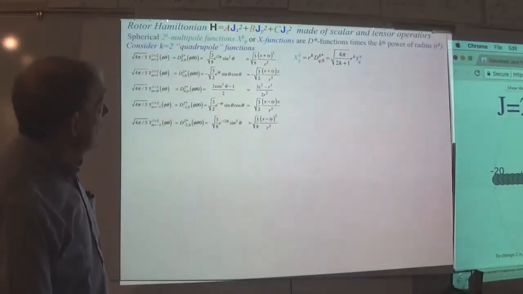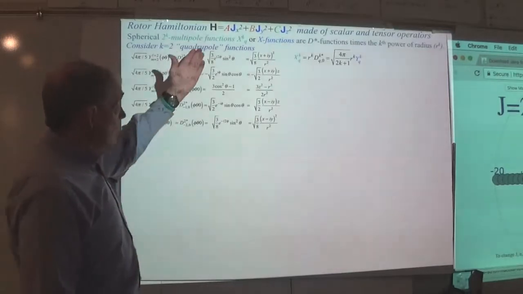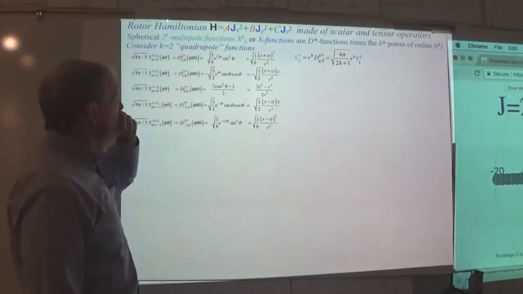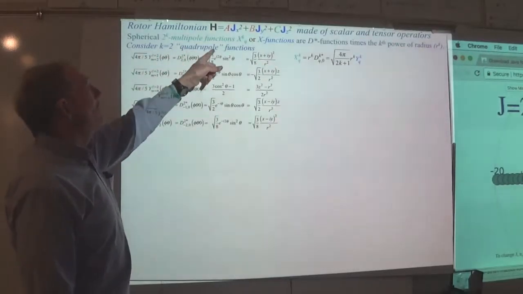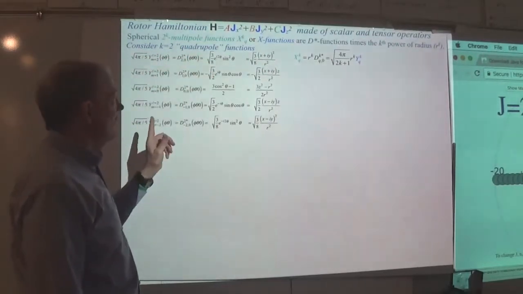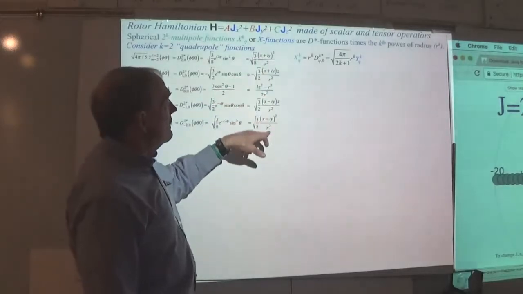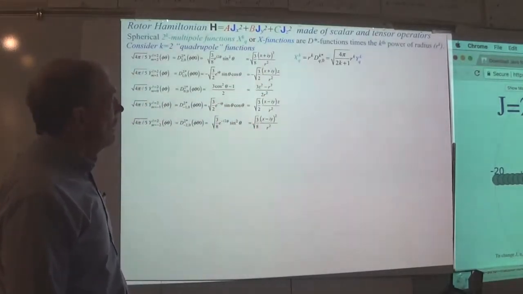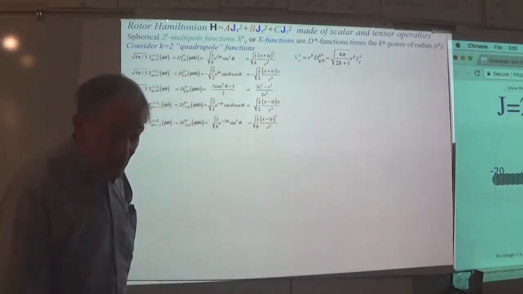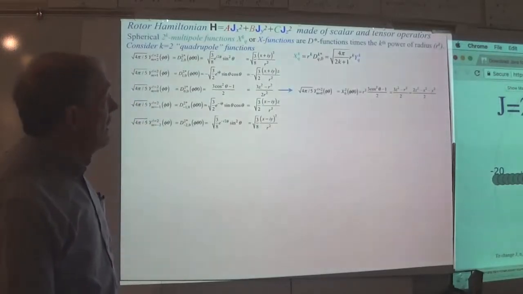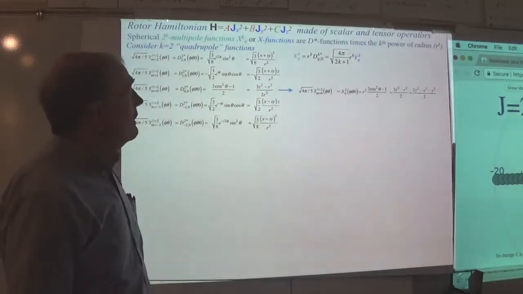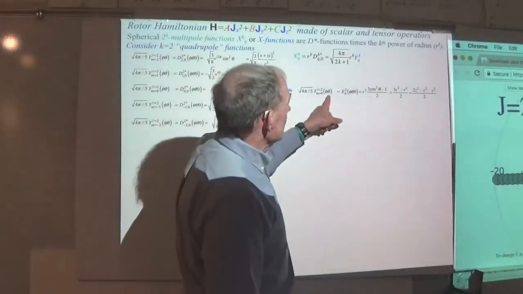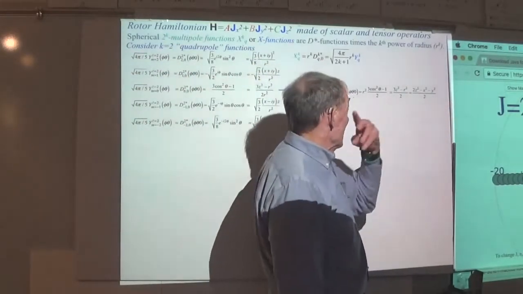So the deal here is I'm going to make a quadratic Hamiltonian, and to do that, I'm going to use quadrupole functions. Okay, things that are quadratic in the Cartesian components. And that is not hard, it's just tedious. You have to write out each one of these functions as x, y, and z.